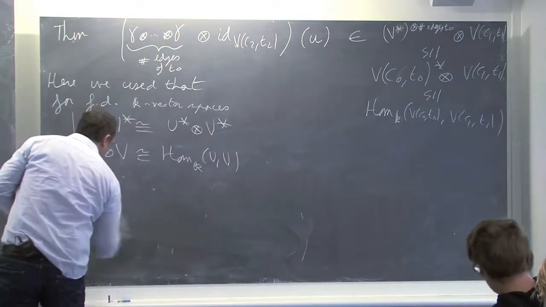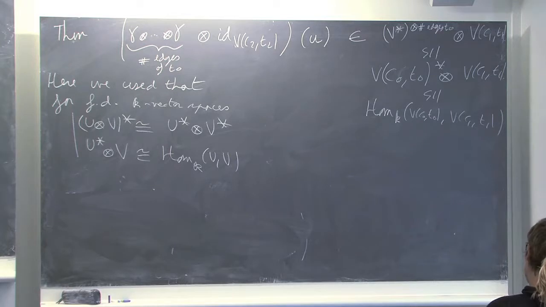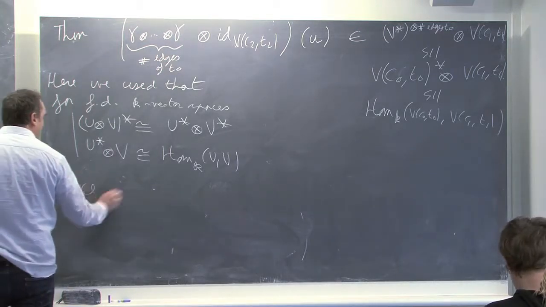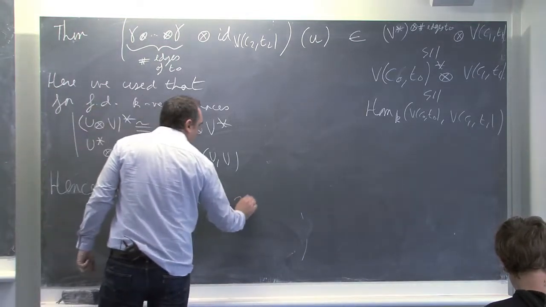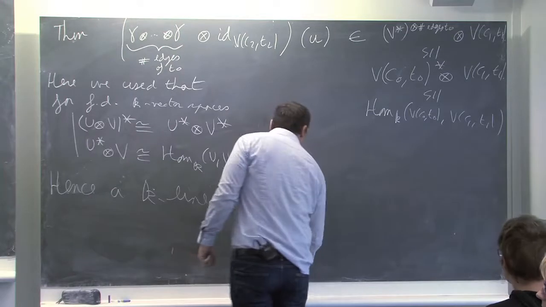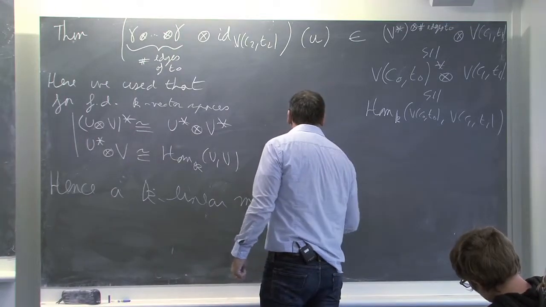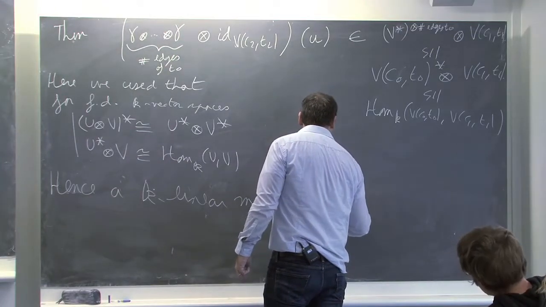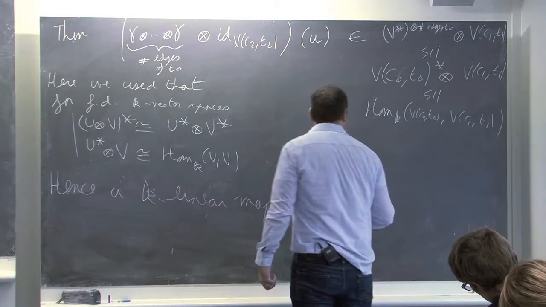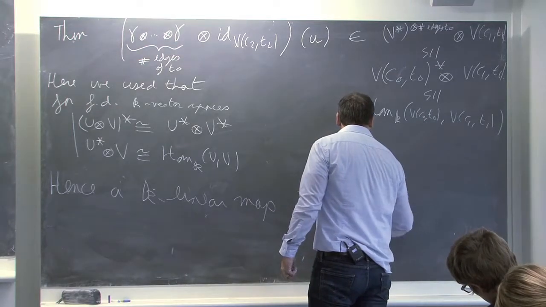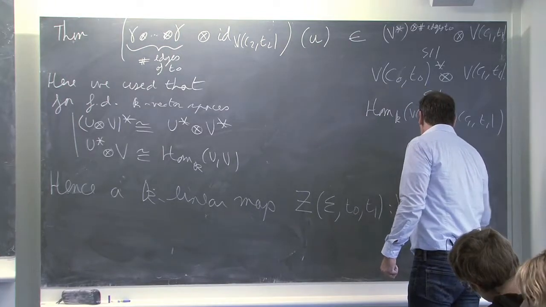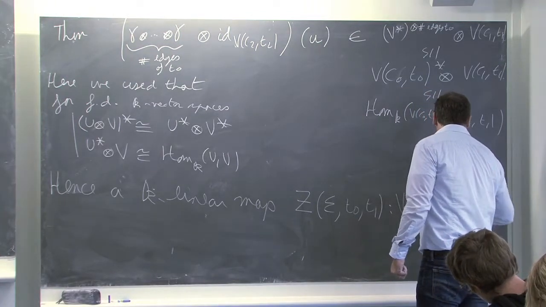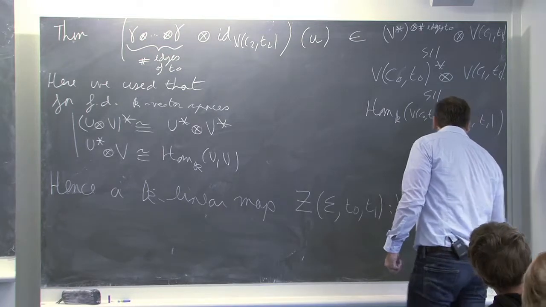So if we have a cobordism sigma from C1 to C2, we obtain a K-linear map. I denote it by Z of sigma, T0 T1, from V(C0, T0) to V(C1, T1).